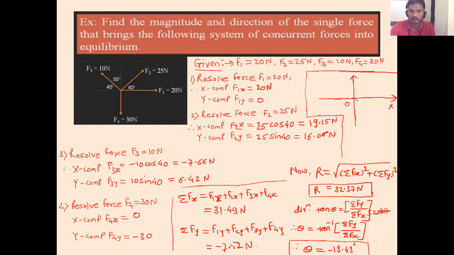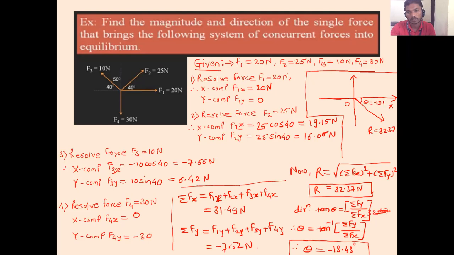Here you can show something like this. Our R, how much did we calculate? 32.37. And this angle theta is minus 13.43 degree.